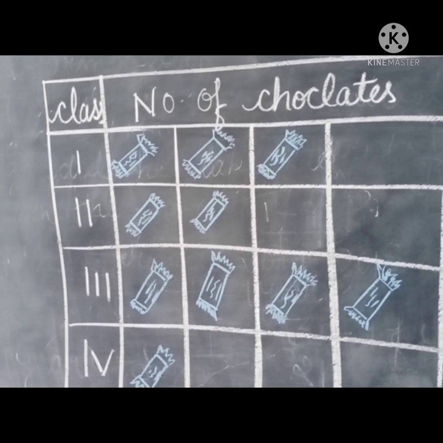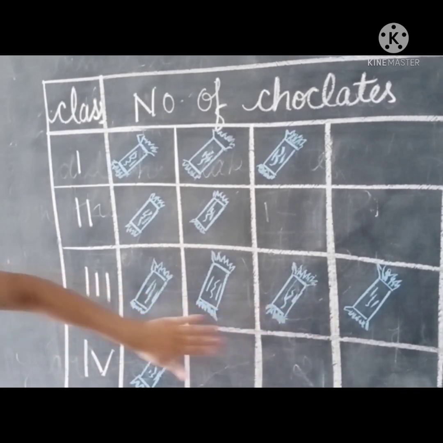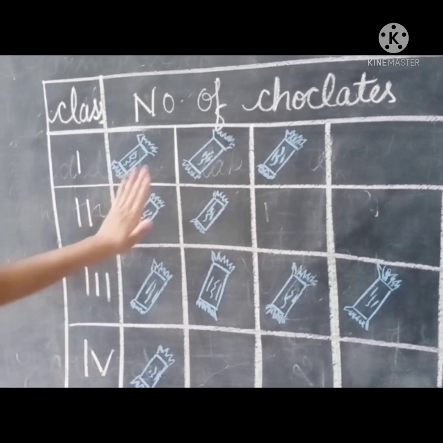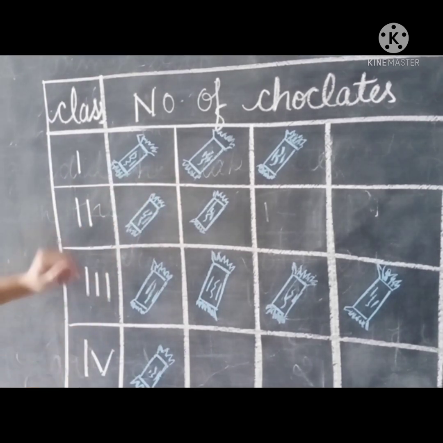Now you can clearly see which class got the maximum number of chocolates here, that is third class. By looking at this pictograph, you can easily tell which class got the maximum and which class got the least number of chocolates. This is our data.